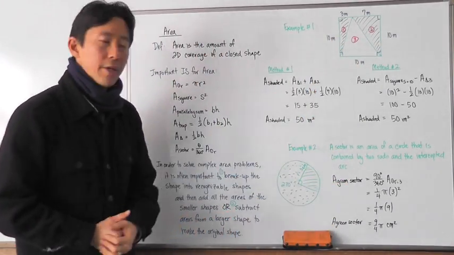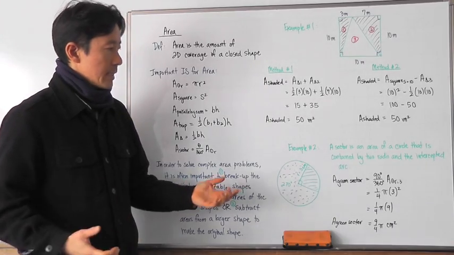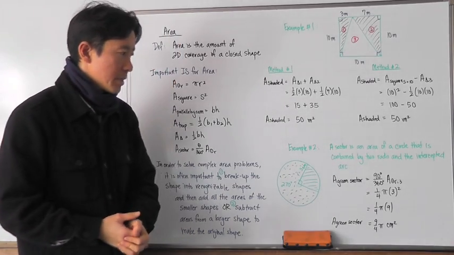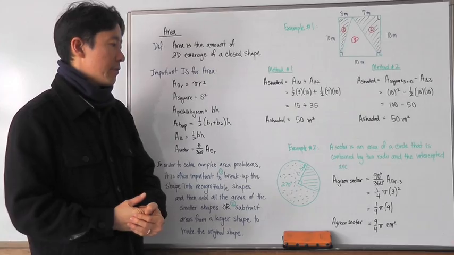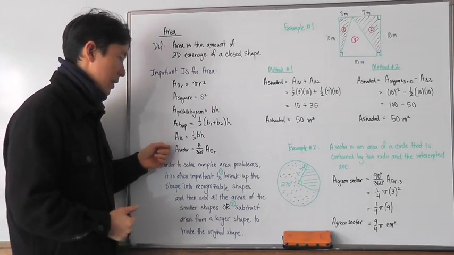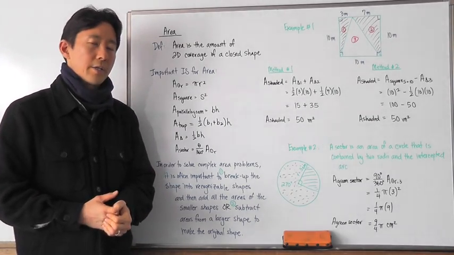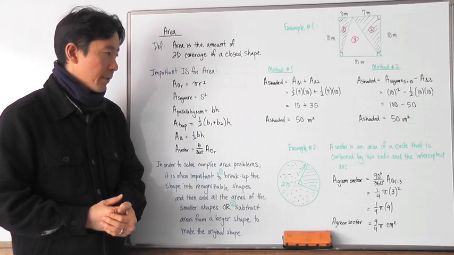That's method 1 and method 2. Lastly, we need to remember what a sector is and how it's defined, and also how to find the actual area of a sector.